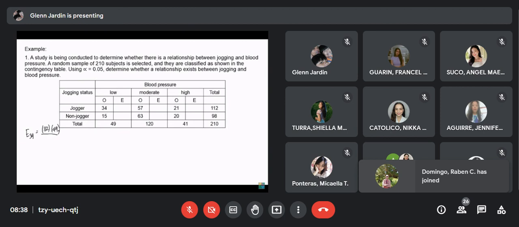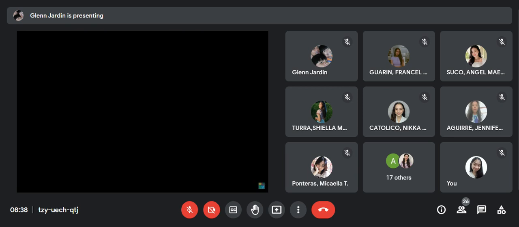So, dito sa 49. At i-divide natin siya sa grand total, which is 210. So, we have here 112 times 49. And then, diretso nating i-divide sa 210. I-round off ang sagot sa second decimal number, we have 26.13.